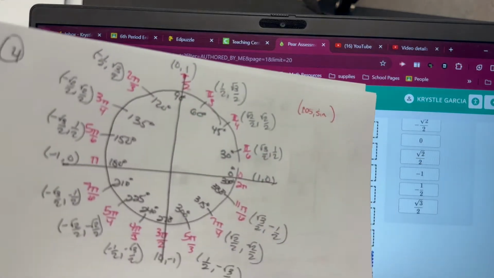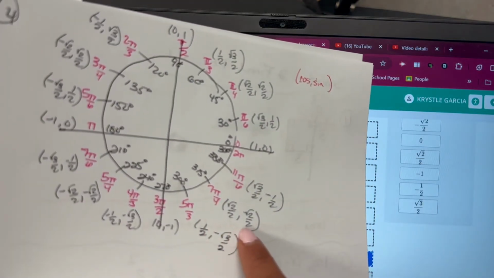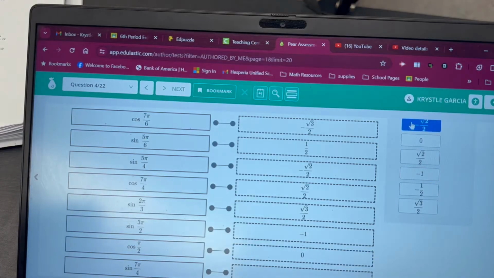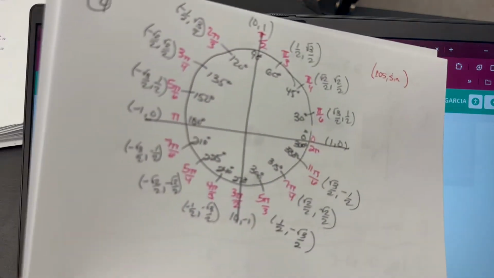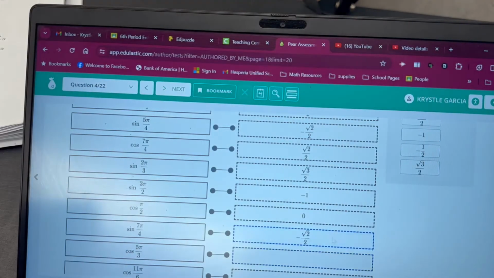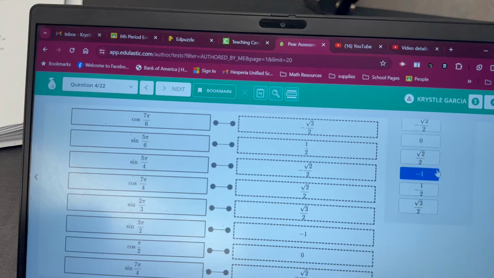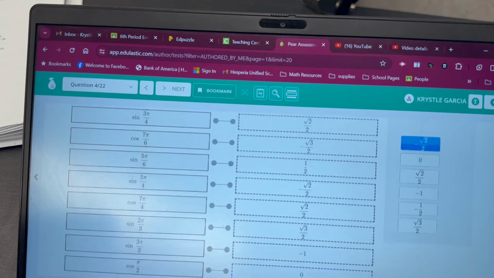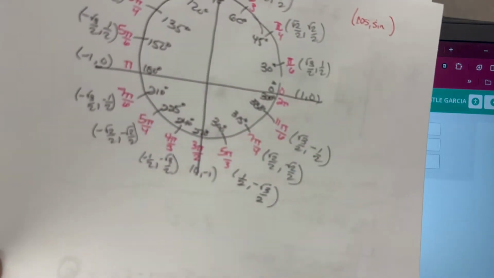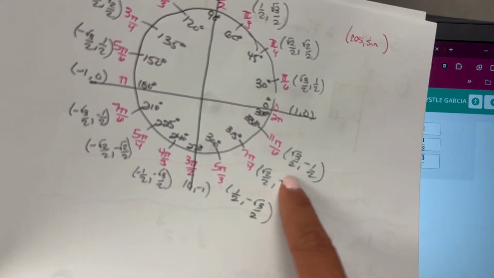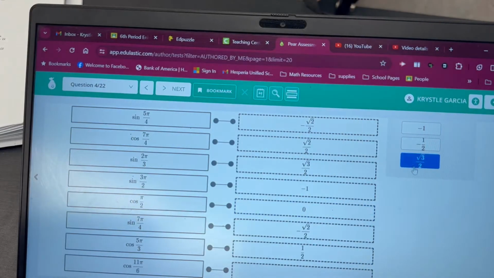Sine of 7 pi over 4, the y value at 7 pi over 4 is negative square root of 2 over 2. Cosine of 5 pi over 3, the x value at 5 pi over 3 is a positive 1/2. Where's my positive 1/2? There it is. The cosine of 11 pi over 6, the x value there is square root of 3 over 2, positive.